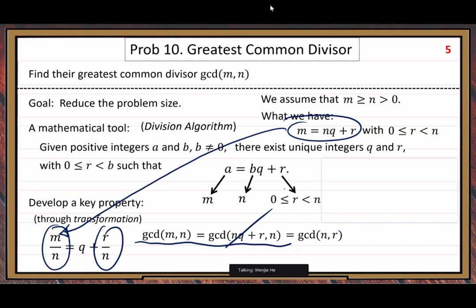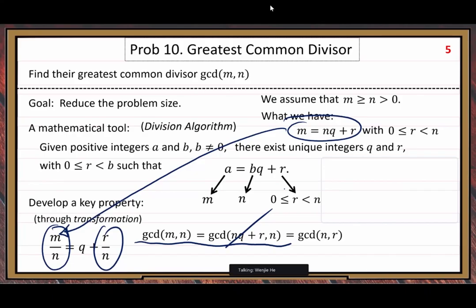So we can cross it out. So we get a size reduction: GCD of n and r. So in this new expression, you can see the data size is reduced.